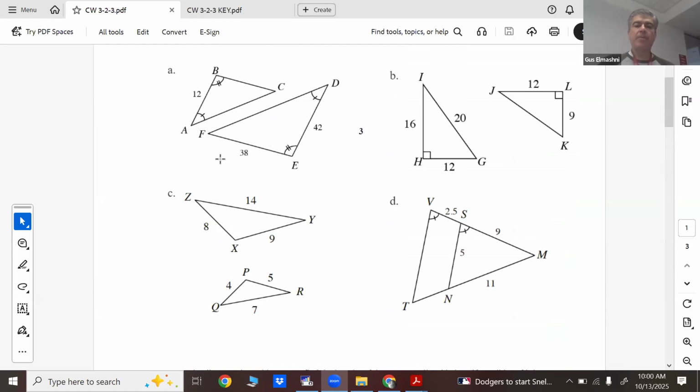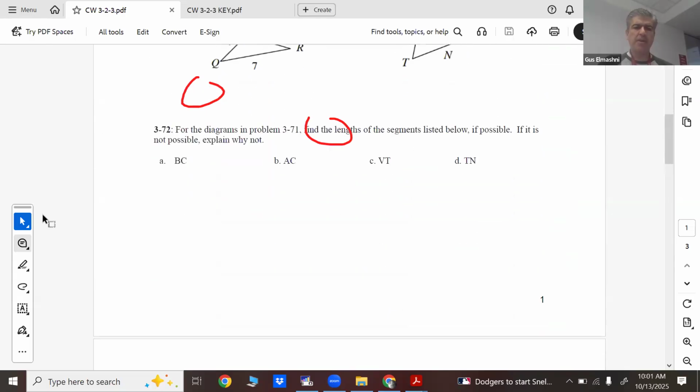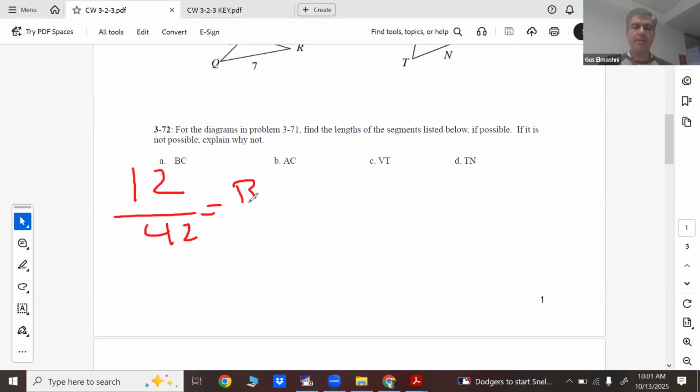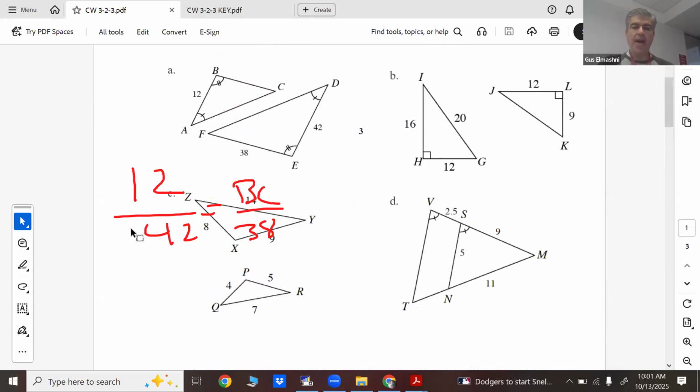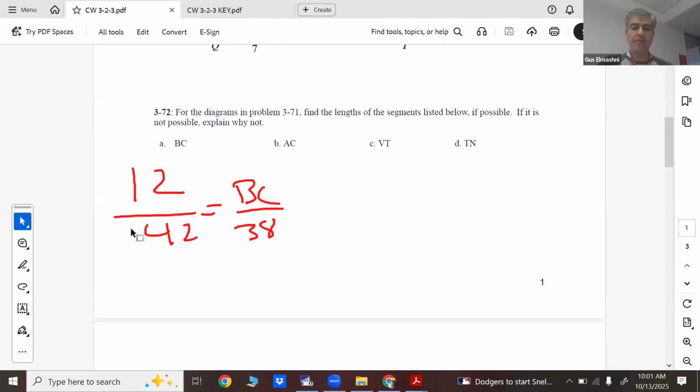Thank you. So in order to compare this correctly, remember 12 went with 42. 12 and 42 lined up because ABC goes to DEF. So for part A, you set up 12 over 42 equals BC over 38, because 12 was AB, 42 is DE, so EF and BC line up. If you cross multiply, 12 times 38 equals 42 times BC.